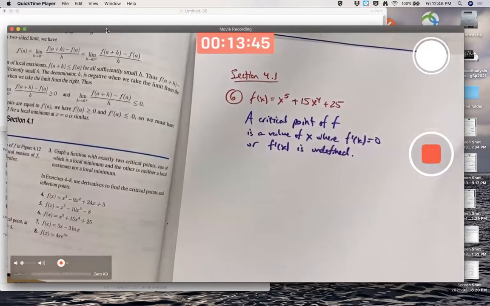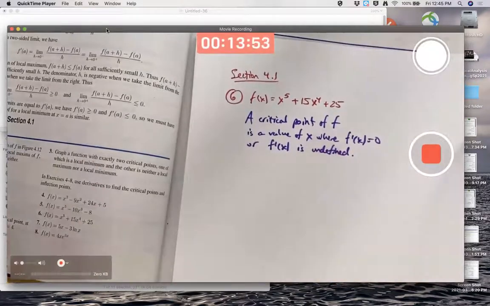Why would we care about finding places where f prime of x is equal to 0 or undefined? Focus on where it's 0. Think about what we've learned so far. Derivatives tell you where a function is increasing and decreasing, right? When the derivative is positive over some interval, that tells you the function is increasing. And where the derivative is negative, that tells where the function is decreasing.